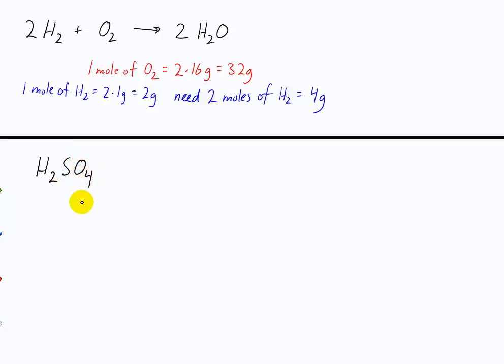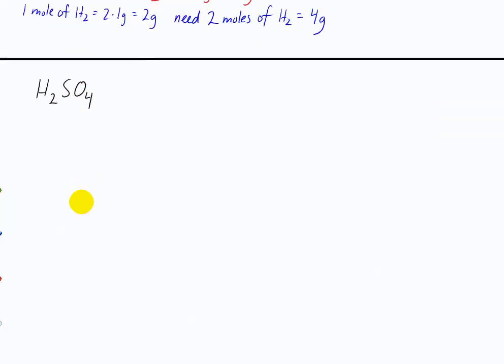Let's take sulfuric acid, H2SO4. That quantity, the amount of mass in 1 mole, is known as the molar mass. And the molar mass equals the mass in grams of 1 mole.